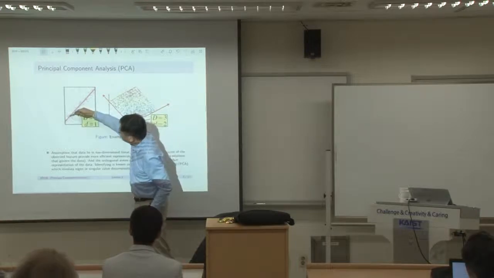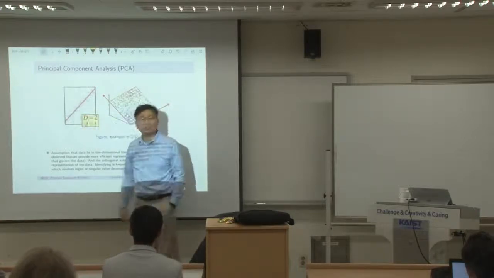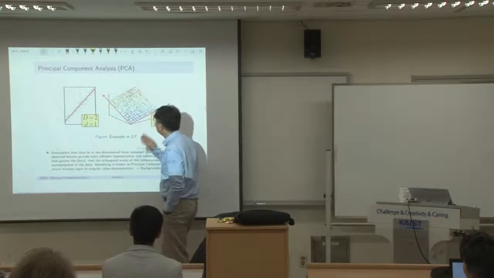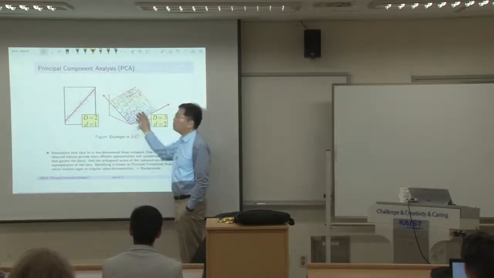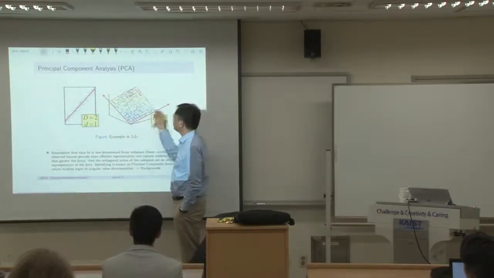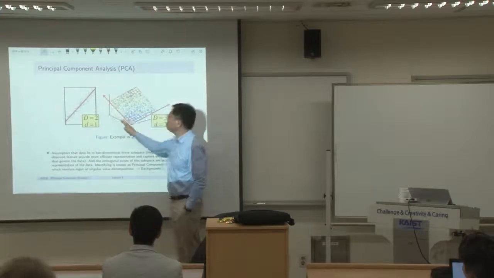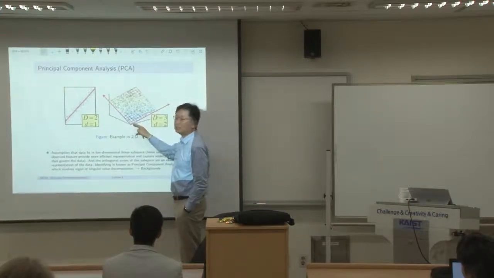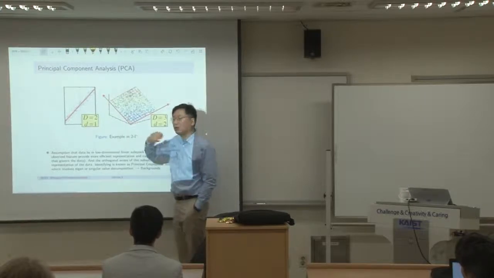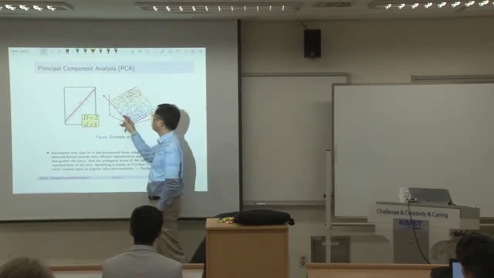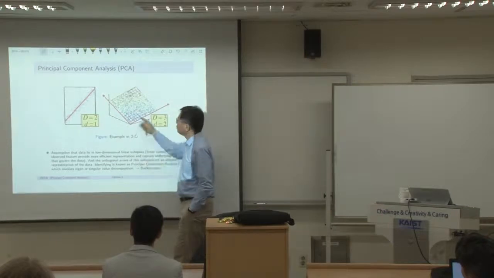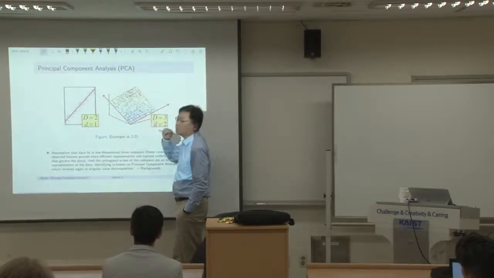As you project it, it becomes one-dimensional data. Here, you have three-dimensional data, and you're going to project it onto these two lines. They are orthogonal. And you're converting it into two-dimensional data.